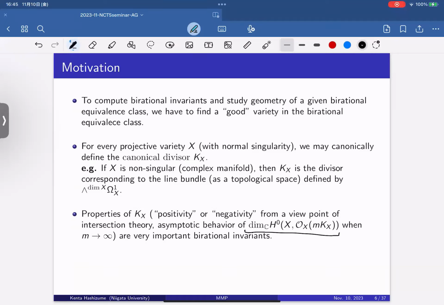This asymptotic behavior is called the Kodaira dimension. And in birational geometry, some varieties are classified using the Kodaira dimension.